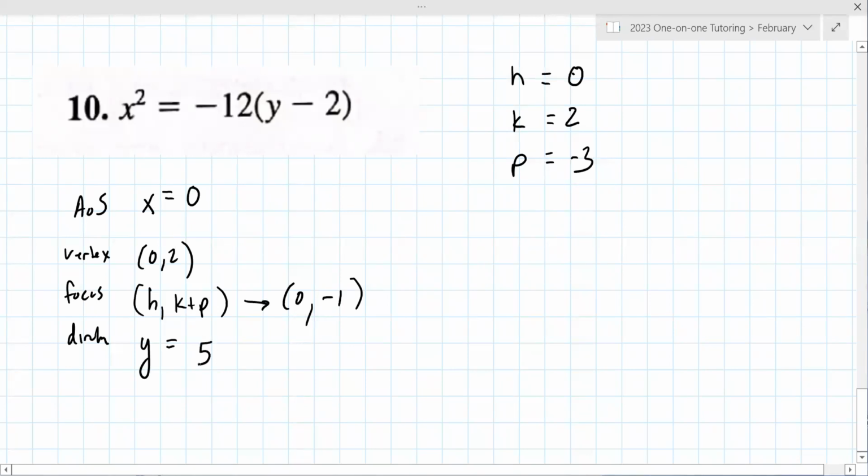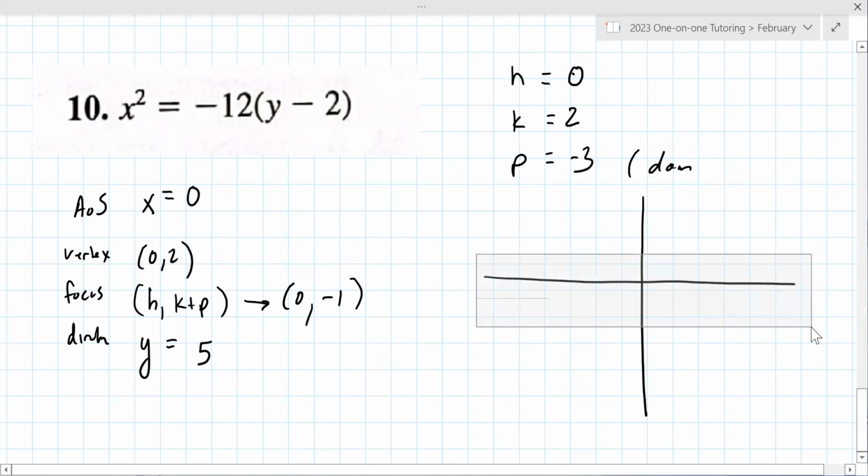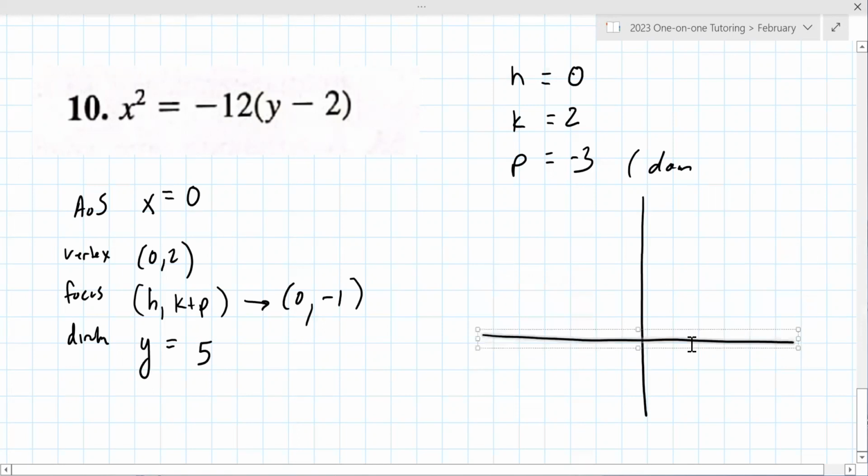5. Yeah. Now, that you have all that, and I didn't emphasize this, but does this mean it opens up or down, the -3? Down. Down, yeah. So again, that rough sketch, 0, 2, vertex, focus.